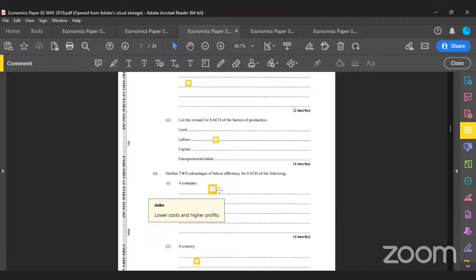Furthermore, it also leads to higher profits because when labor is efficient, cost of production often decreases. And if cost of production goes down, then profits go up.